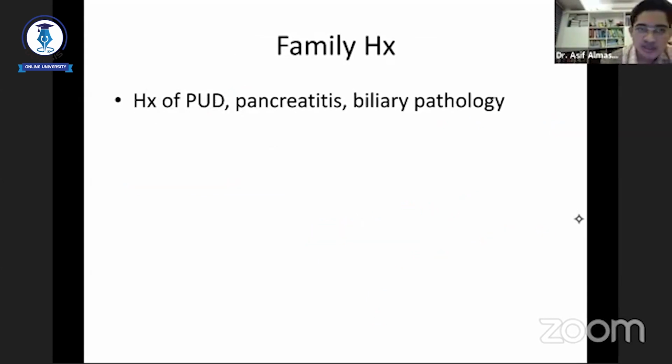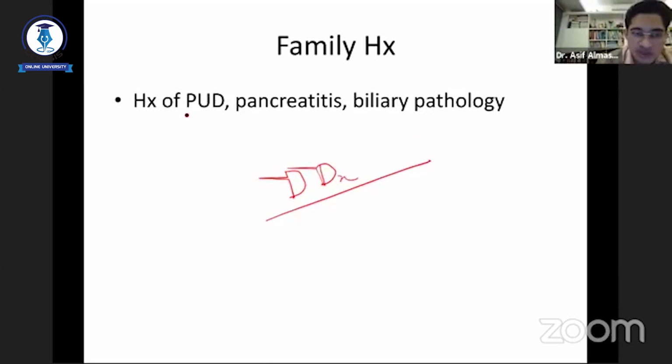Family history. You can definitely remember this whenever you are taking the history of a patient with biliary pathology, but you must always remember the differential diagnosis, which is very important: peptic ulcer disease and pancreatitis, the commonest diseases. So always make sure that you take the history of these diseases as well. Now, how can you differentiate?